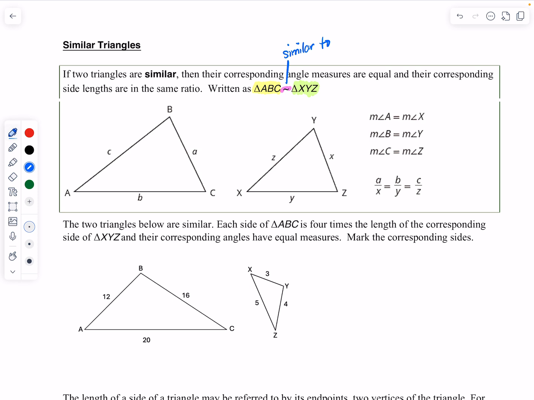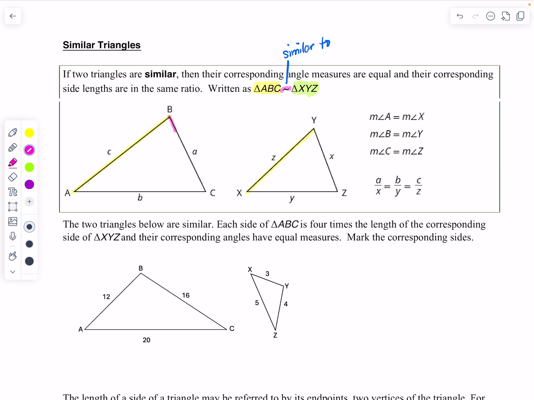So, just to show you what's going on with these, if they are similar, if they tell you that, then side AB here is similar to XY. Notice those are the first 2 letters in both of the triangles, AB and XY. So side AB, which is C, if you want to call it that, is similar to side XY. Okay, moving on. Now I look at the next letter. So I skip A, BC.